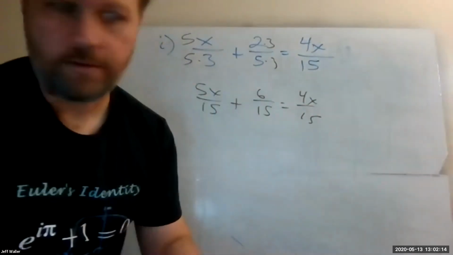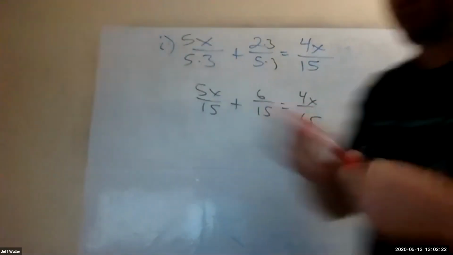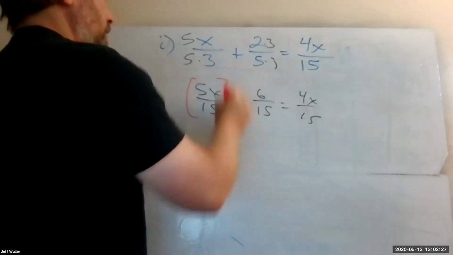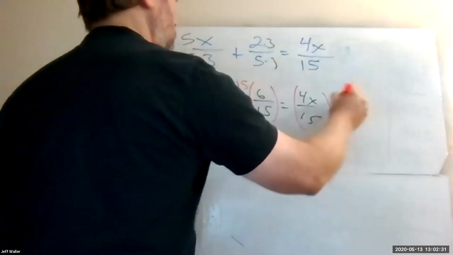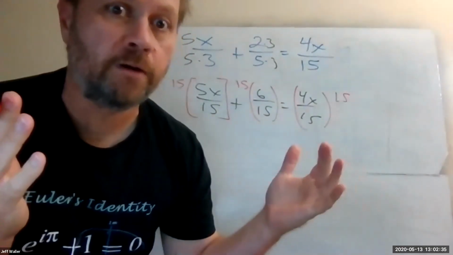And then if I multiply everything by 15, right? Because I'm allowed to multiply both sides by anything I want except 0.